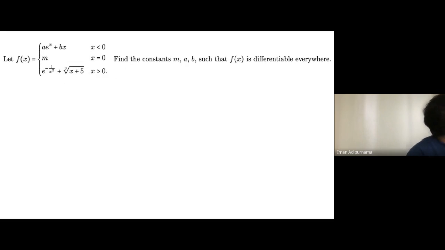Differentiable everywhere. Yeah, that's the whole question. To solve this, I think it's not only from chapter 2, but you can also include most of the knowledge you have from chapters 1, 2, 3, 4.